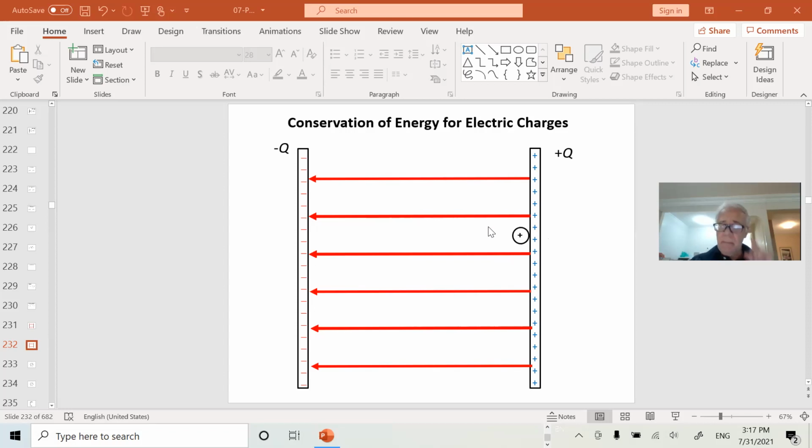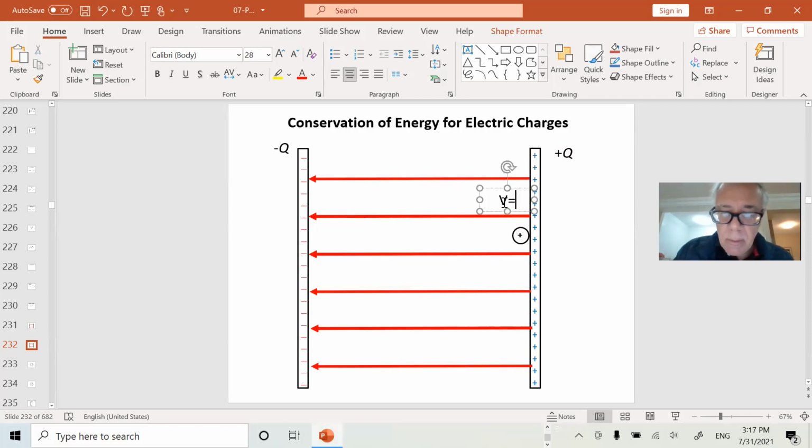So what do you have here? In this case, this electric charge is initially at rest, velocity equals 0. Consider that the initial velocity of this charge right here next to the positive plate is 0.